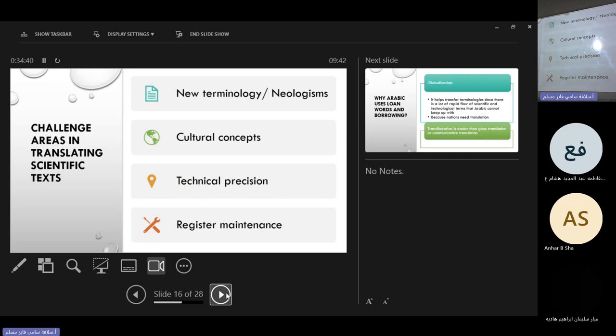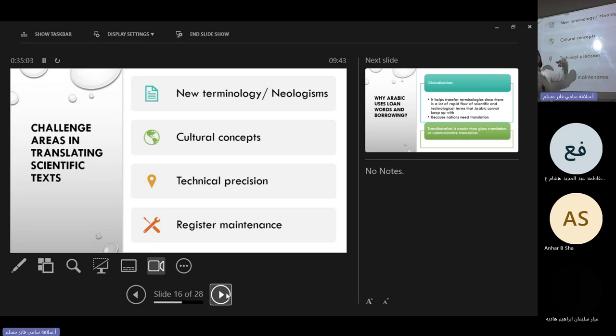Challenges, our challenge areas in translating scientific texts. Where are they? As usual, they are found in the neologisms, in the new terms. Why? Because we still, in Arabic, don't have the perfect equivalent for these terms.